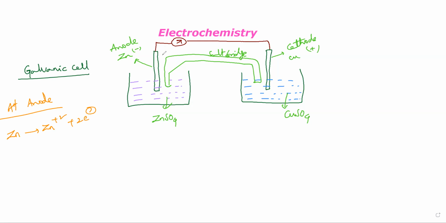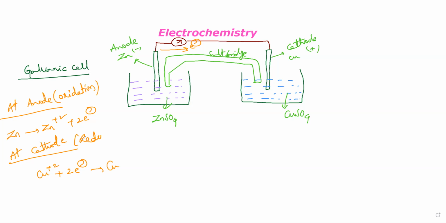Now these electrons will flow into the copper sulfate solution, where copper sulfate is present at cathode. At cathode, Cu+2 will accept those 2 electrons and convert into Cu. So at anode, what will happen? Oxidation. And at cathode, reduction takes place.